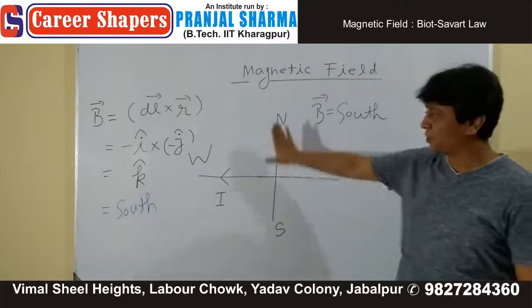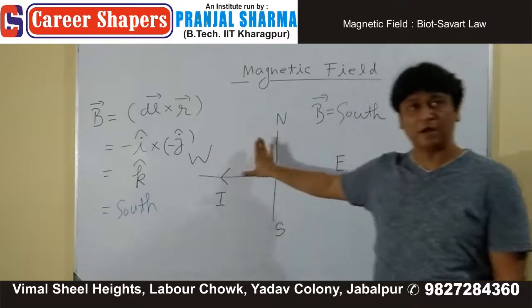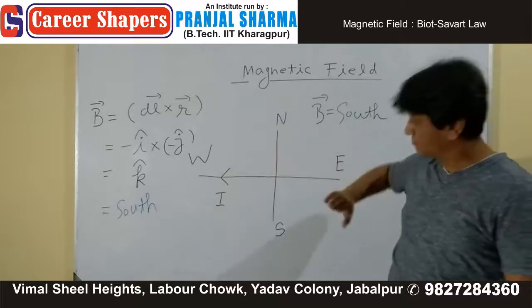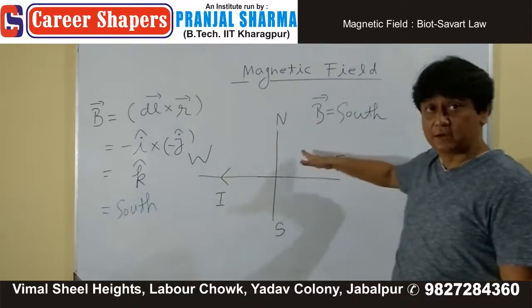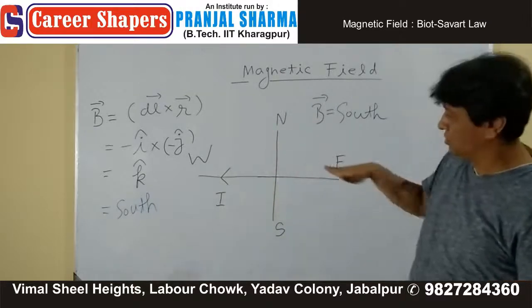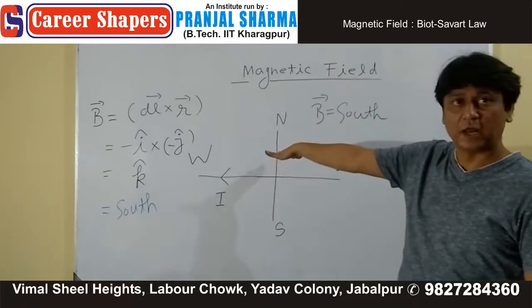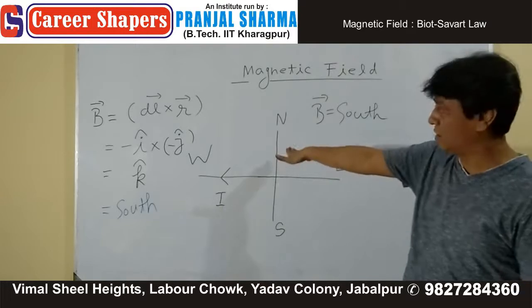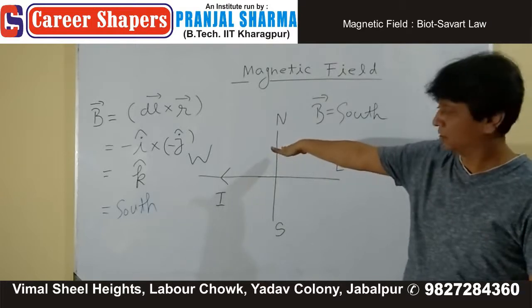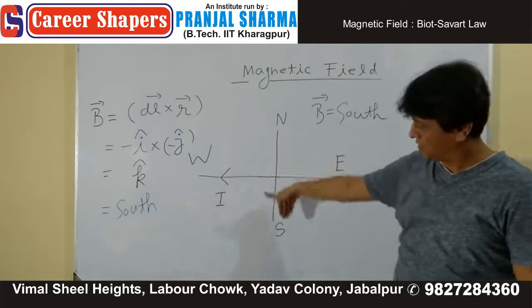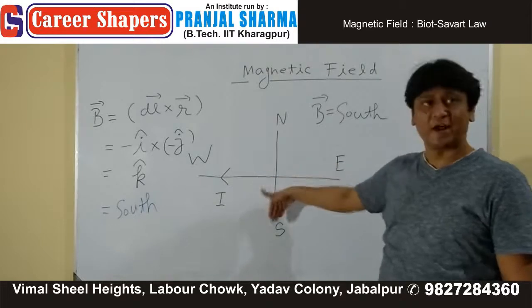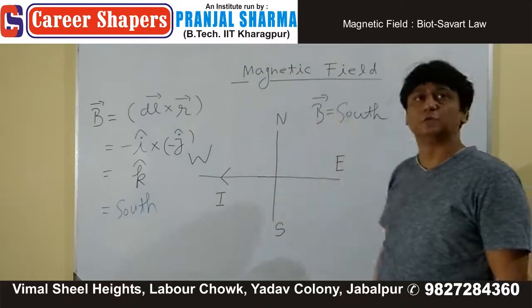So keep your thumb like this in the direction of current. Where do you need the magnetic field? Inside, at inside point. Rest of the fingers, they're pointing in. Now, make a fold. Look at the fold. It is giving you straight away south.